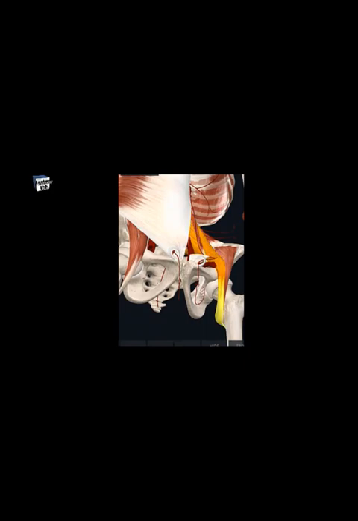The psoas major is a long fusiform muscle placed on the side of the lumbar region of the vertebral column and the brim of the lesser pelvis.